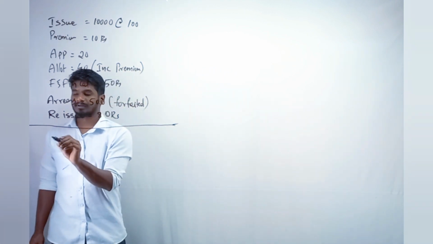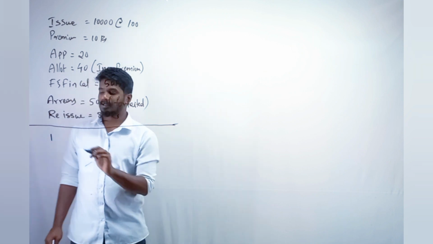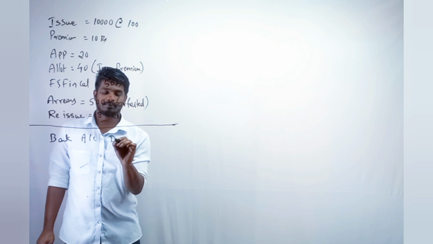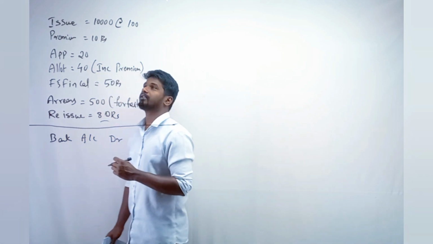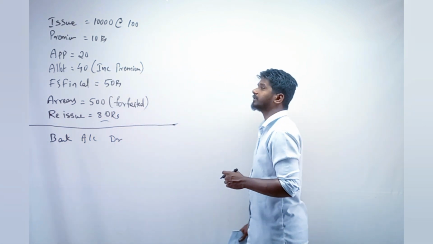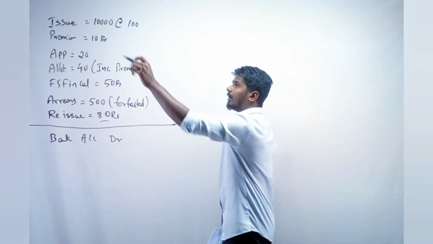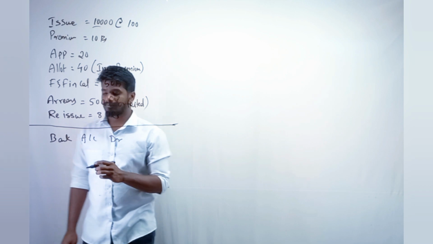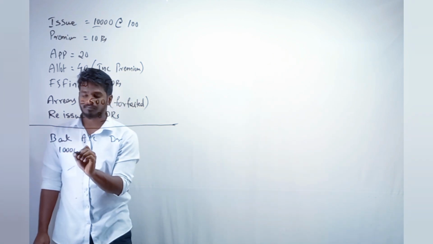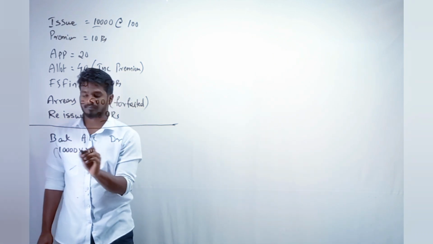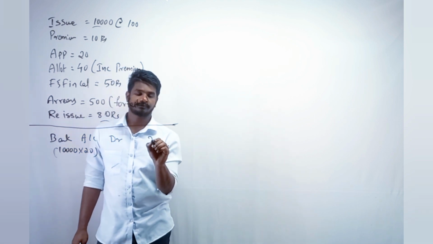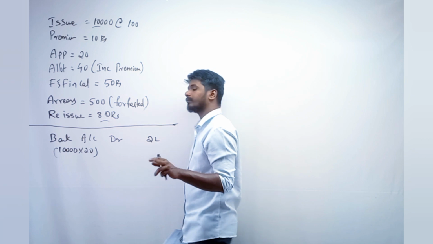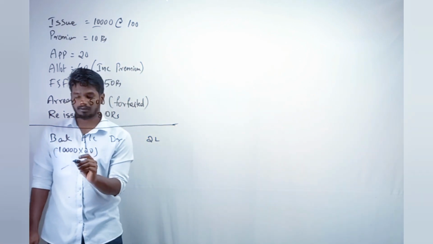So the first entry will be bank account debit. How much? So application 20 rupees and issued 10,000 shares. So how much will it be? 10,000 into 20. Is it 2 lakh? 2 lakh rupees.